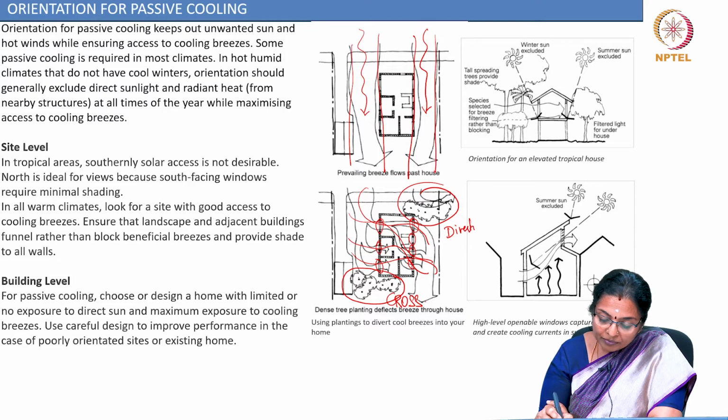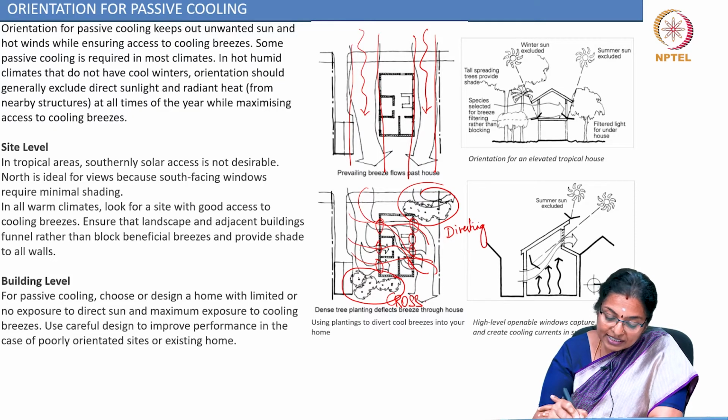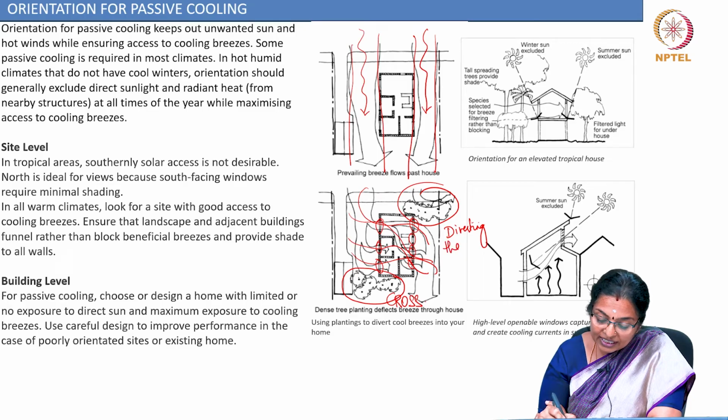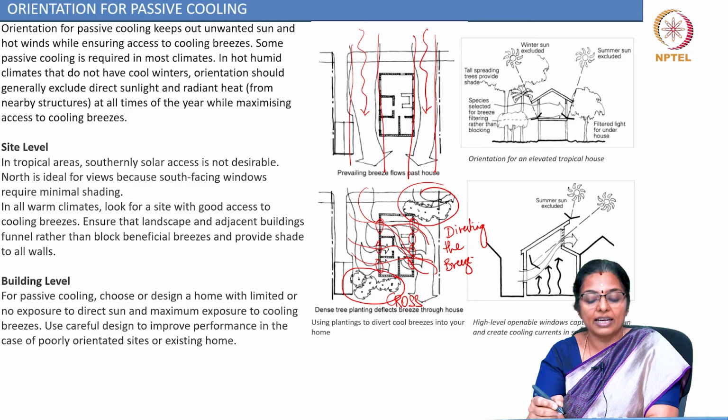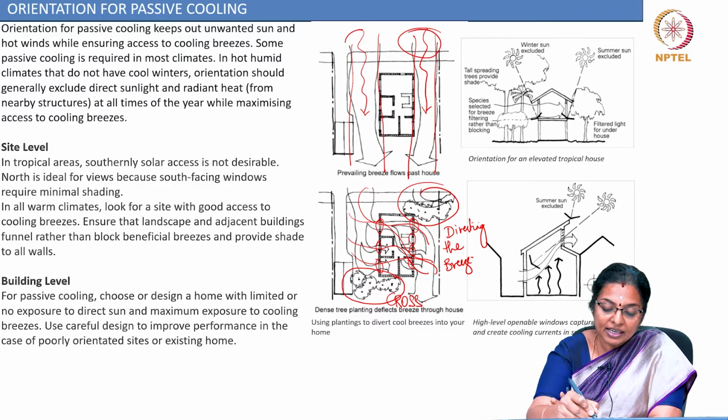So these trees are diverting the breeze, whereas in this picture there are no trees and therefore the breeze is just passing by without entering the house.